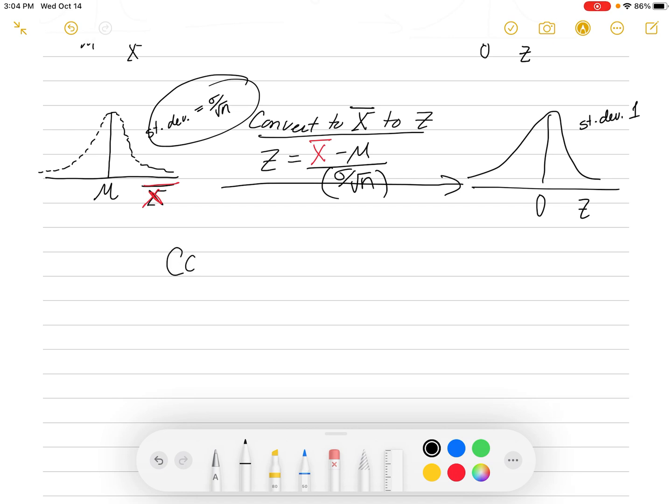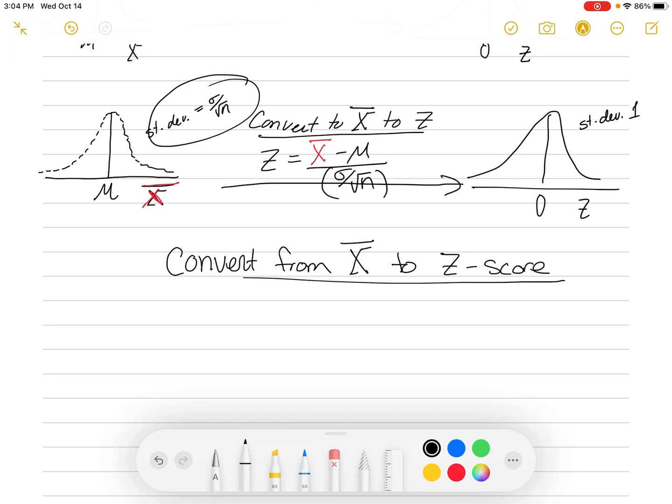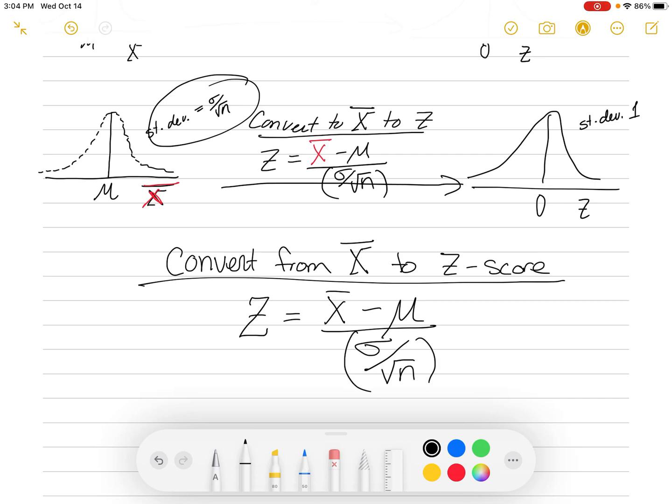So let me write that down. Convert from a sample mean to a z-score. So the z-score is z, x bar is your sample mean, mu is your population mean, sigma is your population standard deviation, and square root of n is your sample size. Let's write that down.